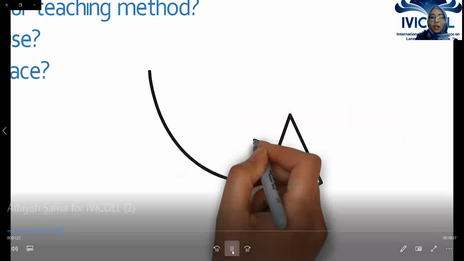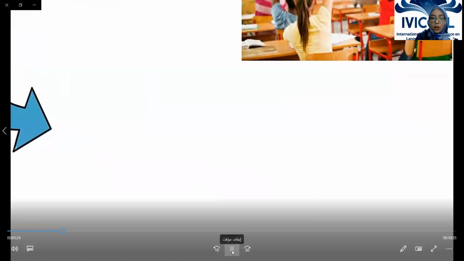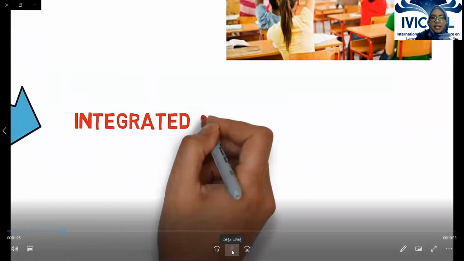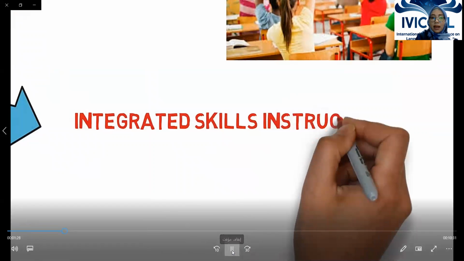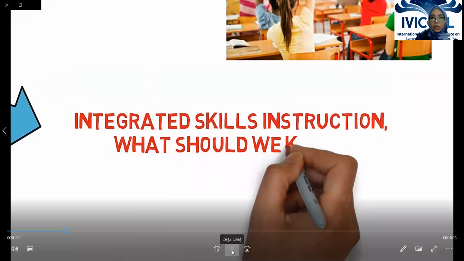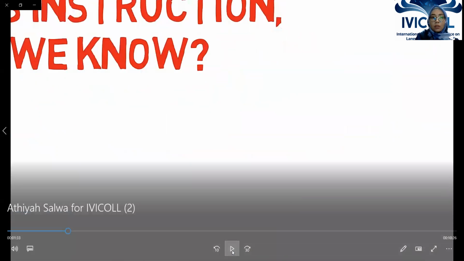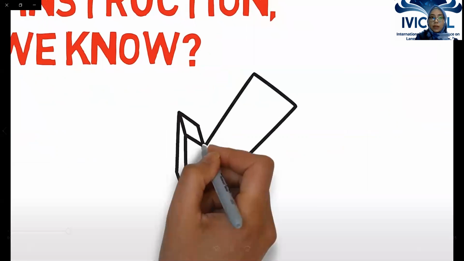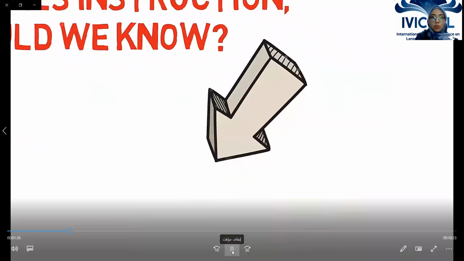Now we're going to the first part, that is, what are integrated skills? Here I would like to give you some definitions of integrated skills.